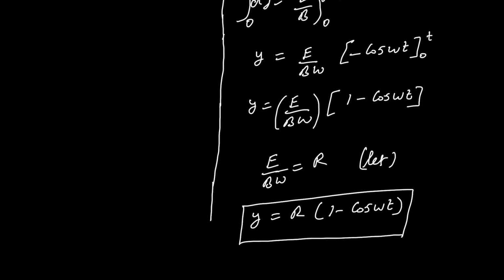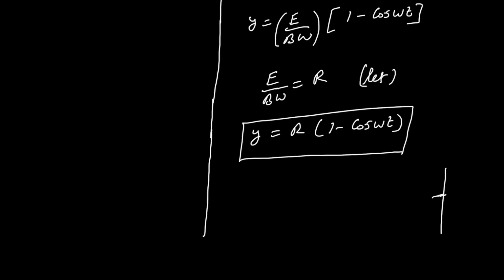And now what we can see is that at t equal to 0, y comes out to be 0. At a certain time when omega t becomes pi by 2, y becomes r. And at the time when omega t becomes pi, y becomes 2r. So the charged particle is moving along the y-axis in sinusoidal form with mean position at r, moving something like this.